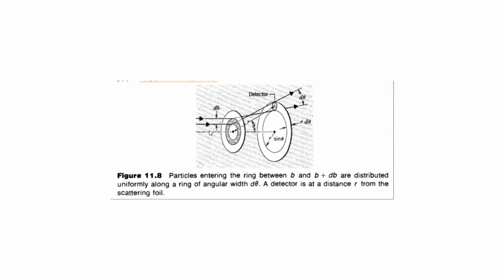Okay, so you can just consider that particles are scattered in rings which make an angle theta and theta plus d theta with respect to the target nucleus.